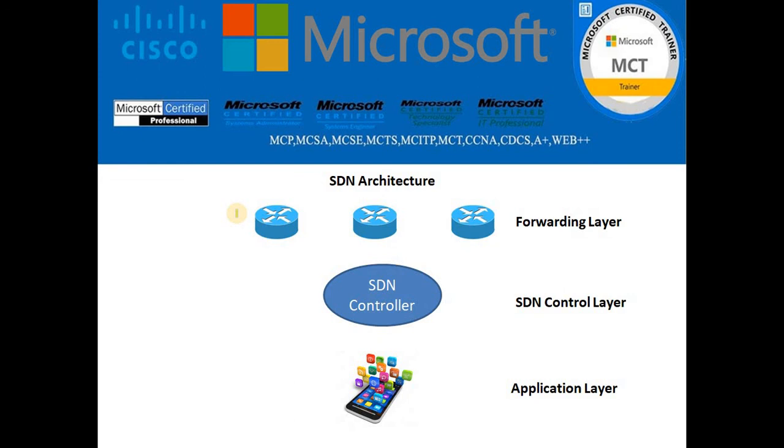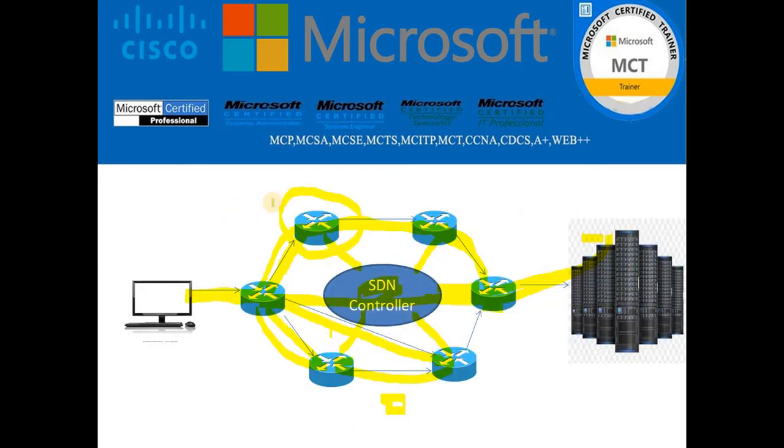Okay, but if I talk about the entire architecture of your SDN, it's actually divided into 3 layers. The first one is your forwarding layer. Forwarding layer means if you study this image over here, every time all of these routers' routing tables are updated to each other.